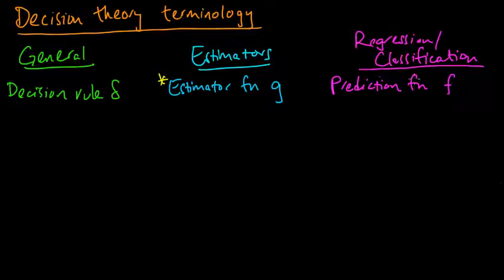We used f to denote that in other videos. This first row is a little bit special in that in each of these cases, the thing that you choose here, this decision rule or estimator or prediction function, you choose ahead of time in some sense. You choose it using your prior knowledge or some model that you have selected.